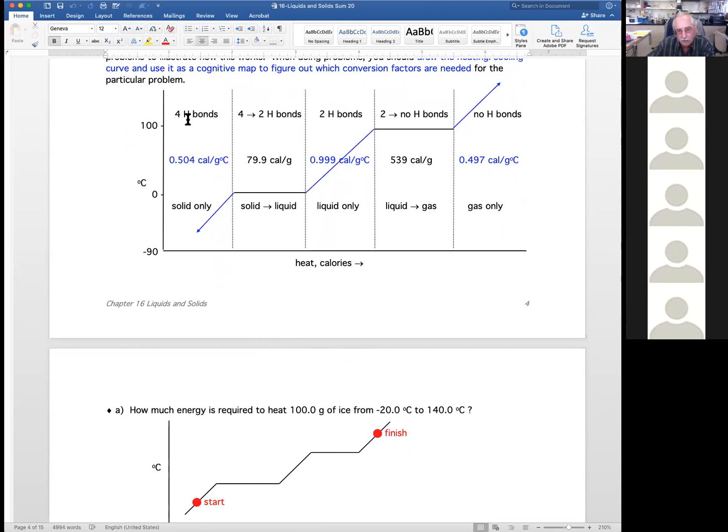So when you're melting and changing the temperature of water, what are you doing? You're breaking attractive forces that we've called hydrogen bonds. And then in the gaseous phase, there are no attractive forces. So again, you're breaking more hydrogen bonds. Here are the conversion factors. And here's what happens to the particular substance, this being water.